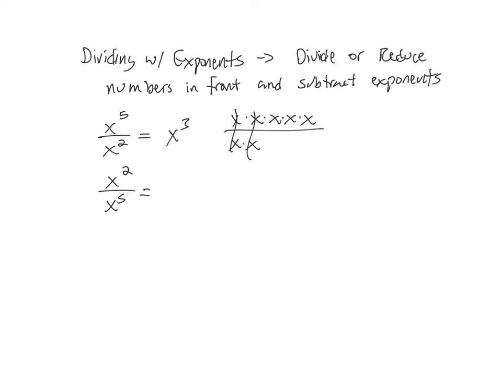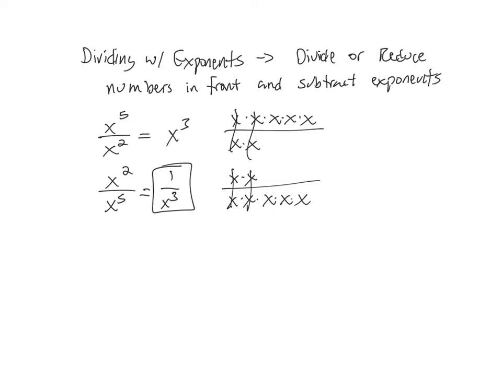But since the 5 is on the bottom, and that's like the biggest number, then we have to do that. Okay, because the visual is the opposite, where these reduce, and there's 3 of them left on the bottom.